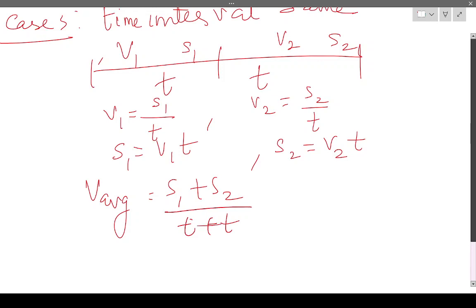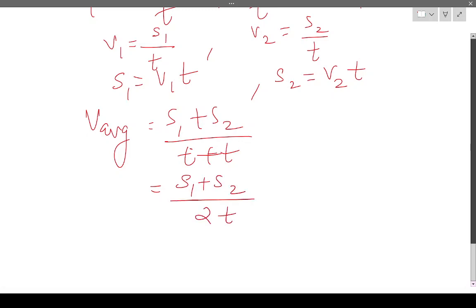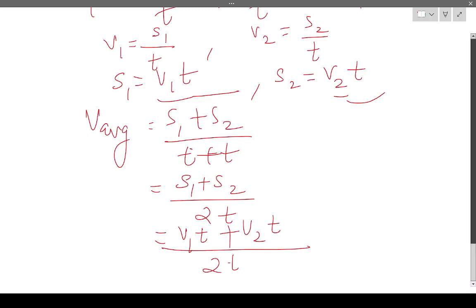Okay, and what is t plus t? t plus t is going to be 2t, so that is equal to s1 plus s2 by 2t. So what is s1? s1 is nothing but v1t, plus s2 is going to be v2t, whole divided by 2t.